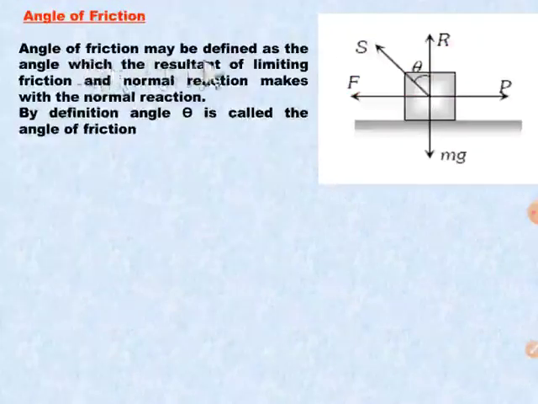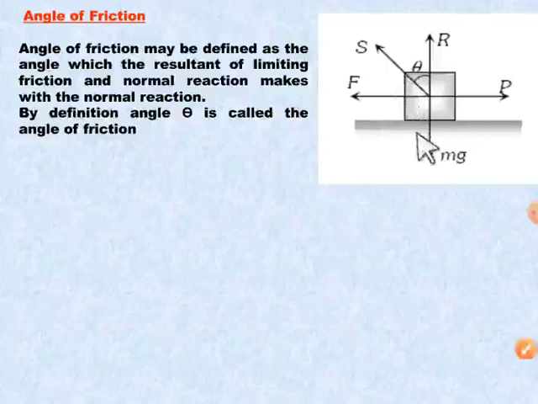Angle of friction may be defined as the angle which the resultant of the limiting friction and the normal reaction makes with the normal reaction. This is the resultant S of the limiting friction and the normal reaction. By definition, angle theta is the angle of friction.